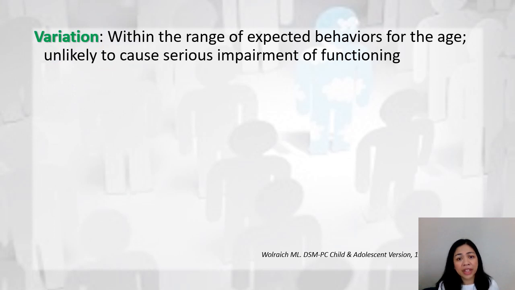Again, if it's a variation, then we talk about age appropriateness of the hyperactivity. So we know, for example, that normal hyperactivity in the development of the child peaks at an age of 2 to 3 years old when the child is developing gross motor skills.